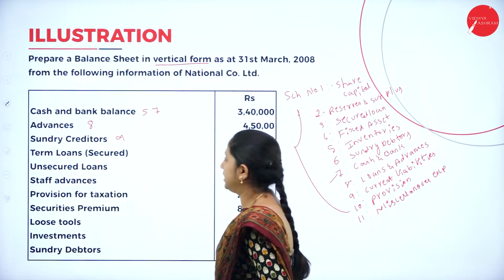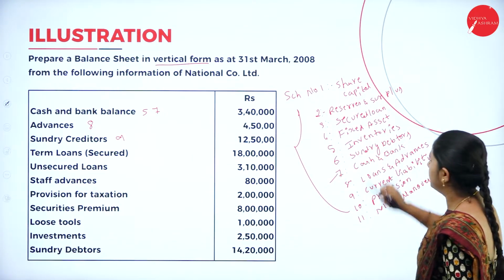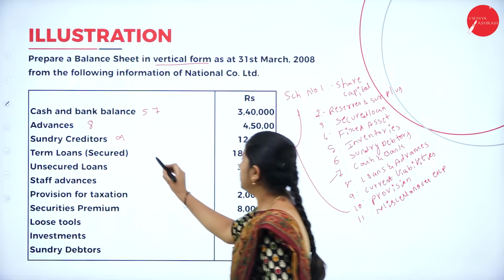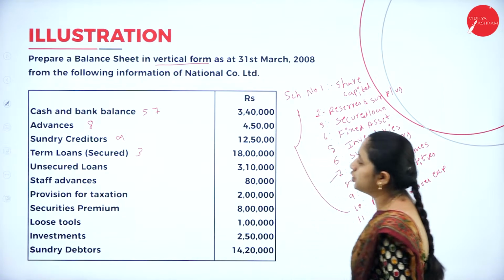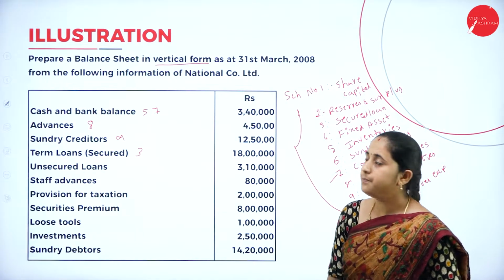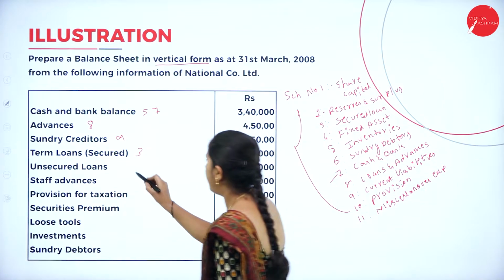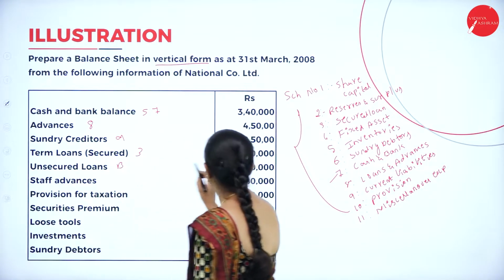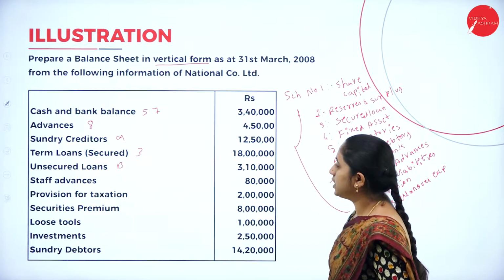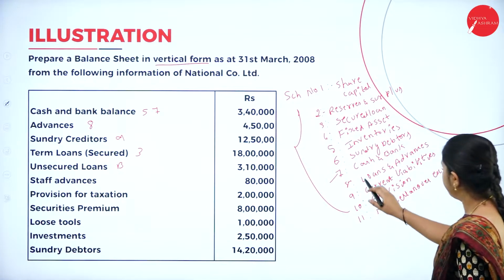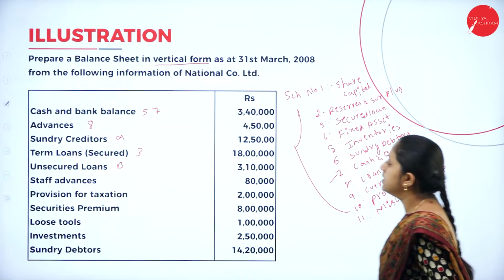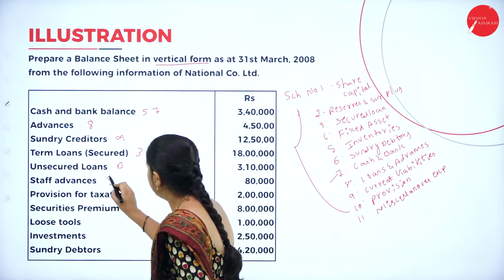Term loan secured: secured loan is schedule 3. Next, unsecured loan. Unsecured loan, we are directly going to write in the balance sheet, 3,10,000. Then staff advance: loans and advances, schedule 8.